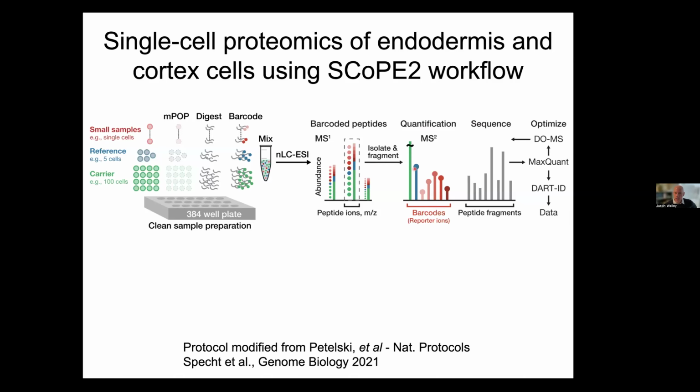When you fragment them, you release these reporters, and now you're able to quantify the protein's intensity from each of the single cells. You have the normalized tandem mass tag channel abundance in one of the wells, and then the carrier helps amplify the signal. So it's not used for quantification, but it helps with detection, and then we process the single cell data.